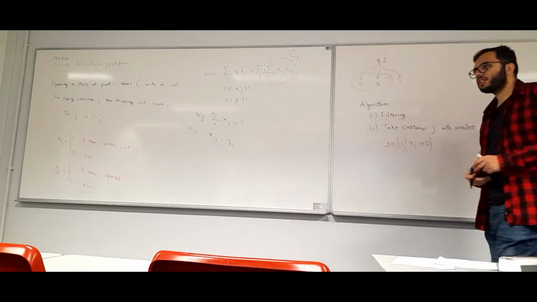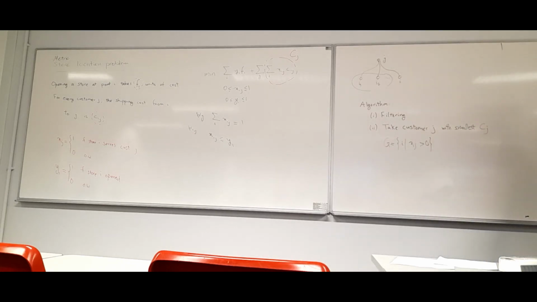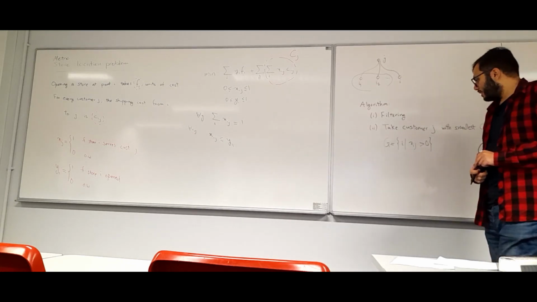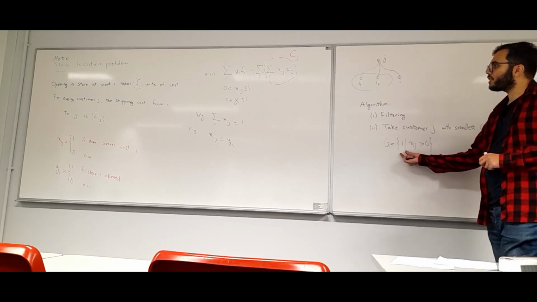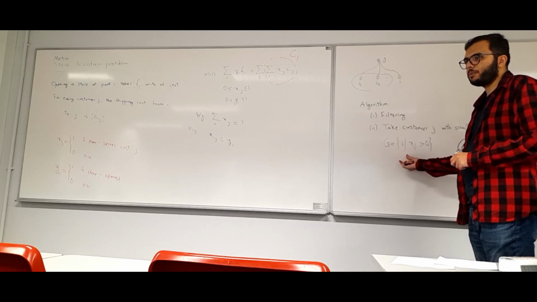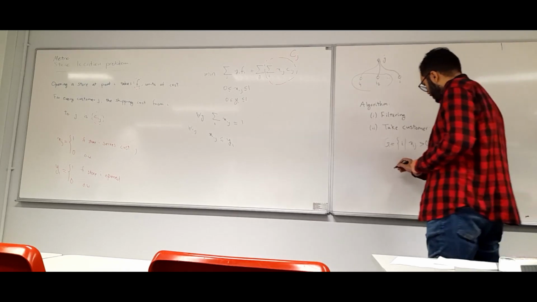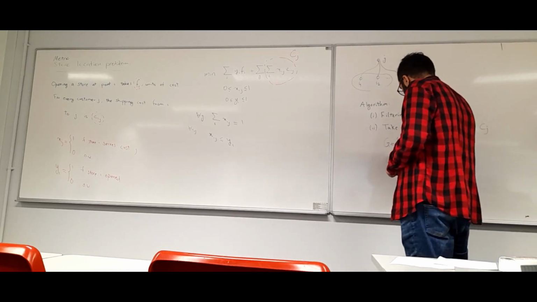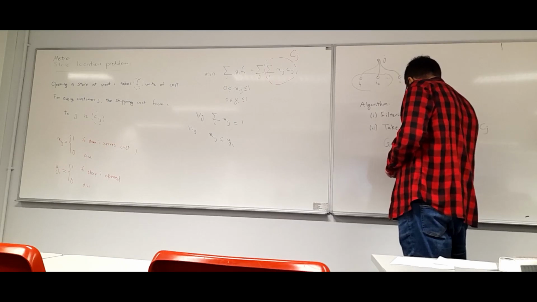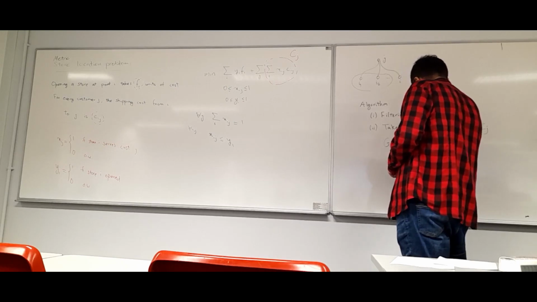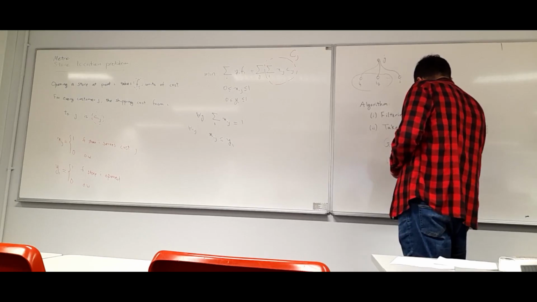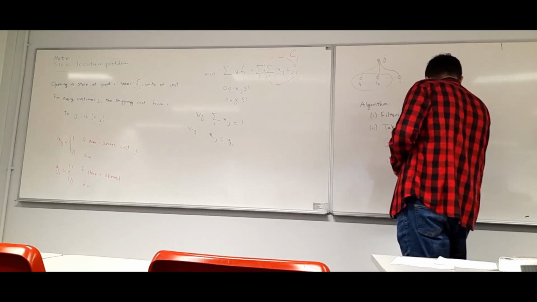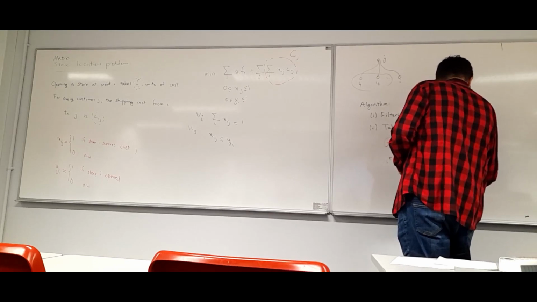So all the stores that are serving this customer. And then take the store that has the smallest cost of opening, the smallest F among all of these. So let's say I star is the smallest or the cheapest store in G.